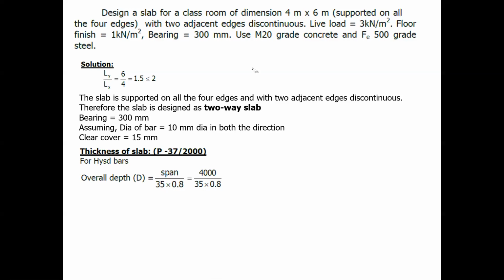Main reinforcement is provided on the shorter span. Yes, right, because you are going to provide the main reinforcement along the shorter span. Take down, so the answer is 142.85.